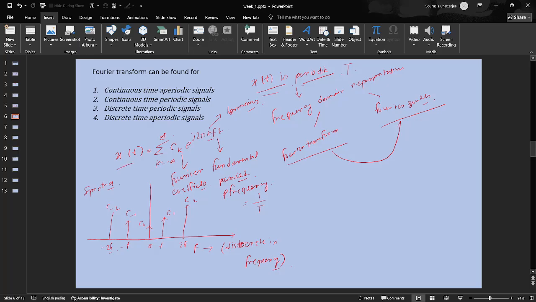So this is x(t), this is its Fourier series representation, and can you point out, if I plan to find this c_k here, like let's say the Fourier coefficient corresponding to kth harmonic, let's say k is equal to 3, and I am given the expression of x(t), how can I find it?